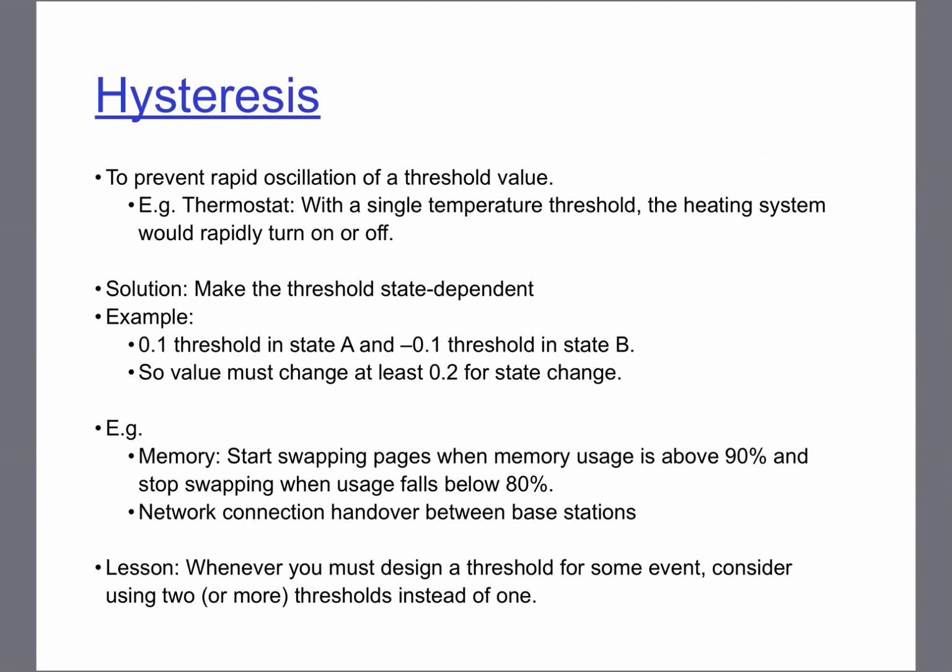If you have rapid oscillation, you would have, let's say, 71.99 and 72.01. But if I had two separate thresholds, I could do 70 and 74. What that means is that if my temperature falls below 70, then heating should turn on, and if the temperature goes above 74, then the heating turns off.